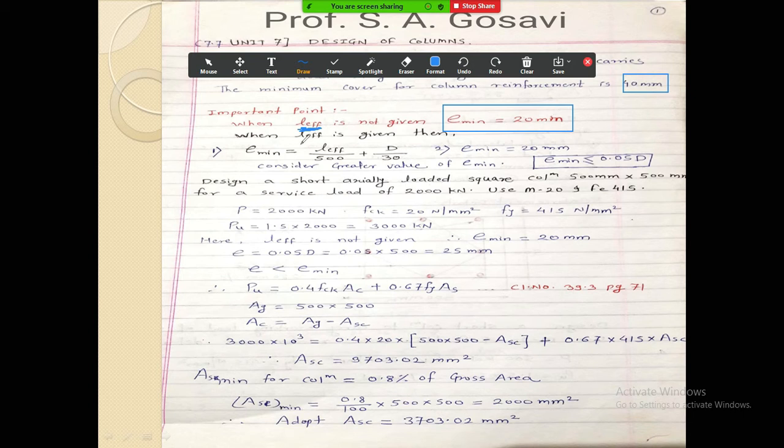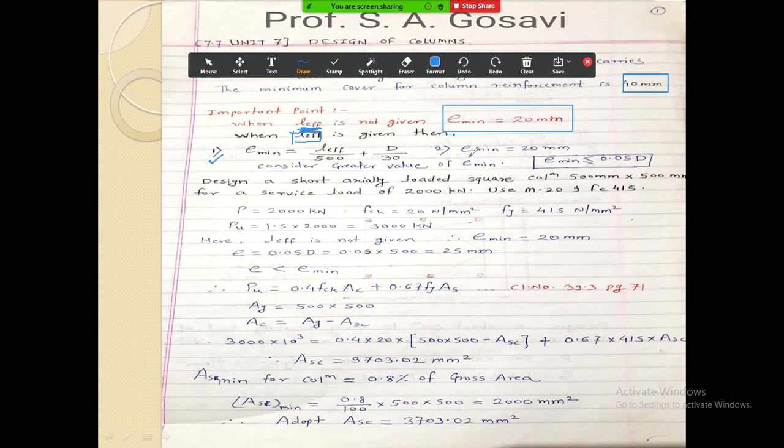Then when the effective length is given, the minimum eccentricity of the column is calculated as E minimum equal to L effective upon 500 plus D by 30. This is the formula to calculate the minimum eccentricity when the effective length is given.